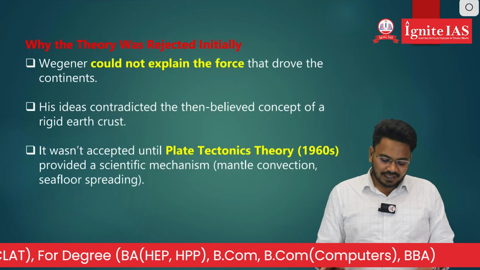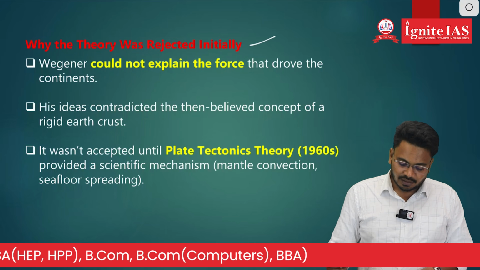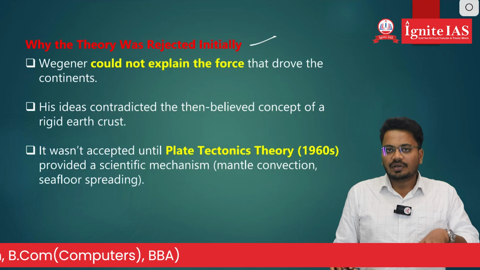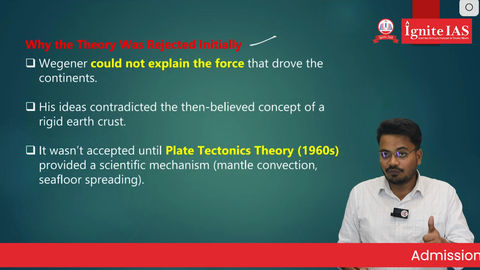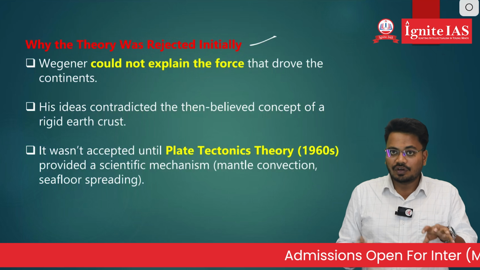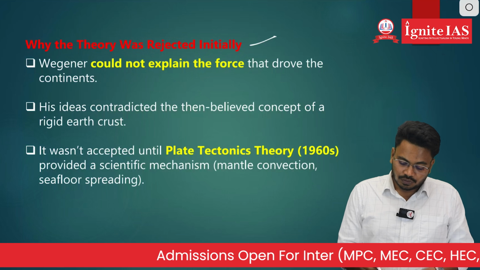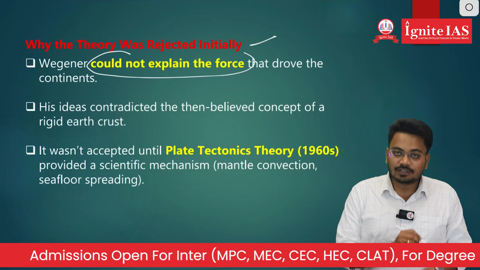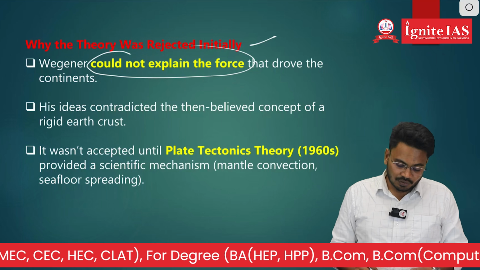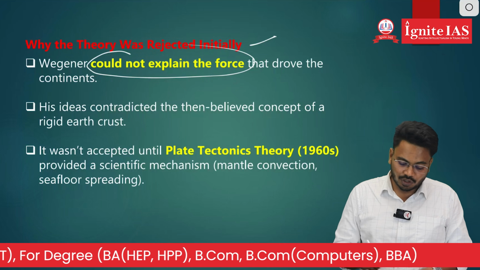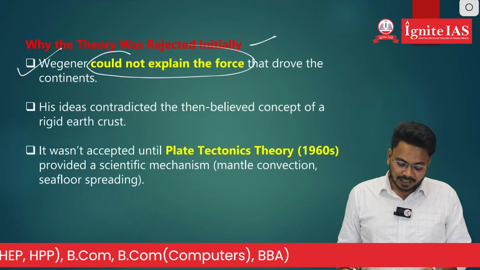Right. Now we will see why this theory was rejected initially. The point here is, if you remember, Wegener proposed two different forces, the pole fleeing force and the tidal force. Now if you remember those two forces, they could not explain properly why they were drifting the continents, right? So that is the first drawback of this particular theory.